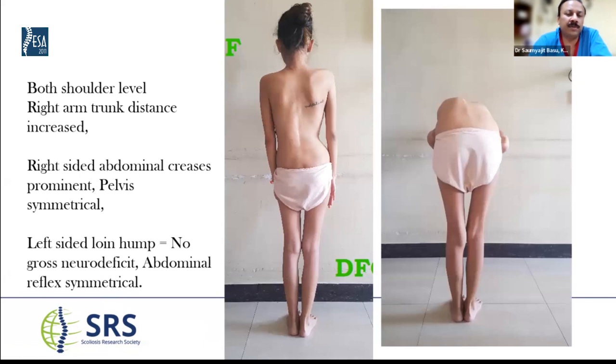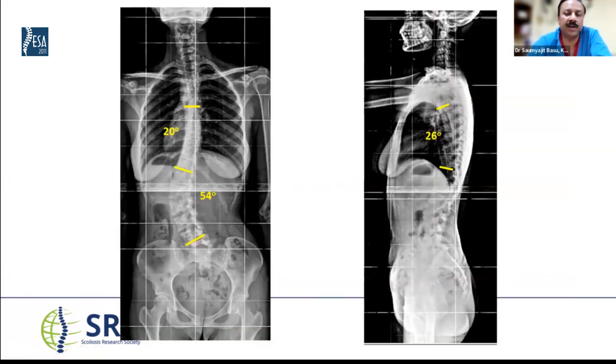And this is her standing x-rays. 54 degrees lumbar, 20 degrees thoracic, 26 degrees of sagittal Cobb, T5 to T12, and this is correcting down from 54 to 26 degrees on the bending films, and the 20 degree thoracic corrects down to virtually 7 degrees, which is becoming straight. So what is the UIV and LIV?